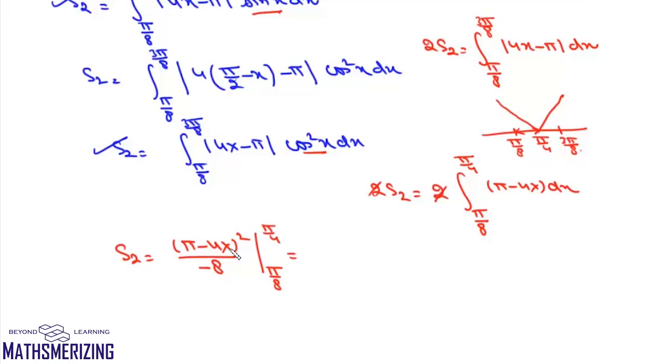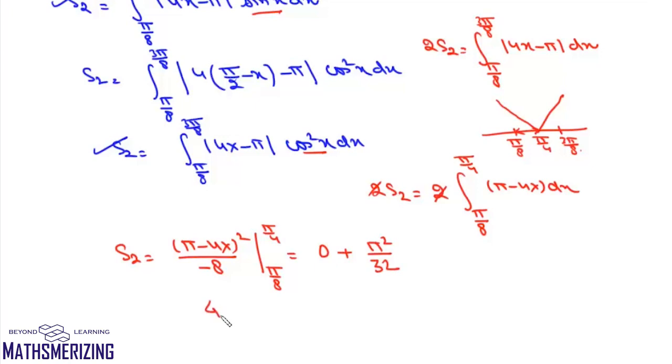Now if we put x as pi by 4, it will be 0, and then minus minus plus, and if we put x as pi by 8, it will be pi minus pi by 2. So there will be pi by 2 square, and it should be pi square by 32. So value of S2 is pi square by 32. Now we need to find the value of 48 S2 upon pi square.